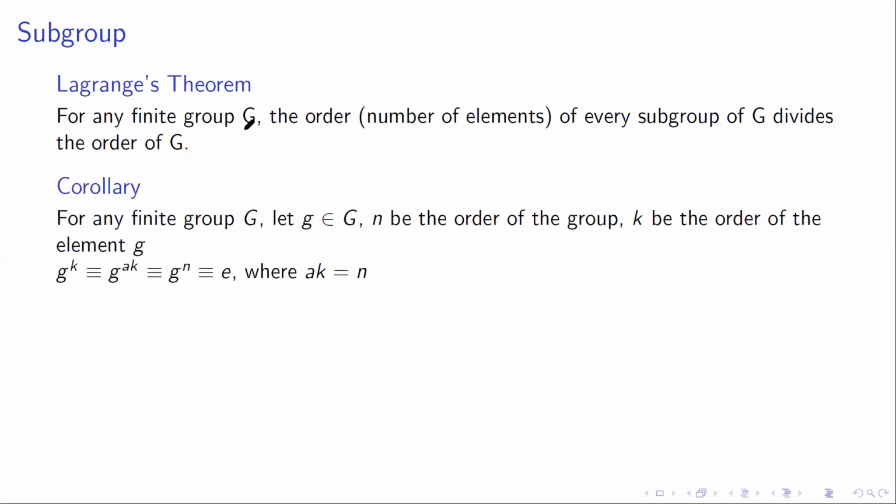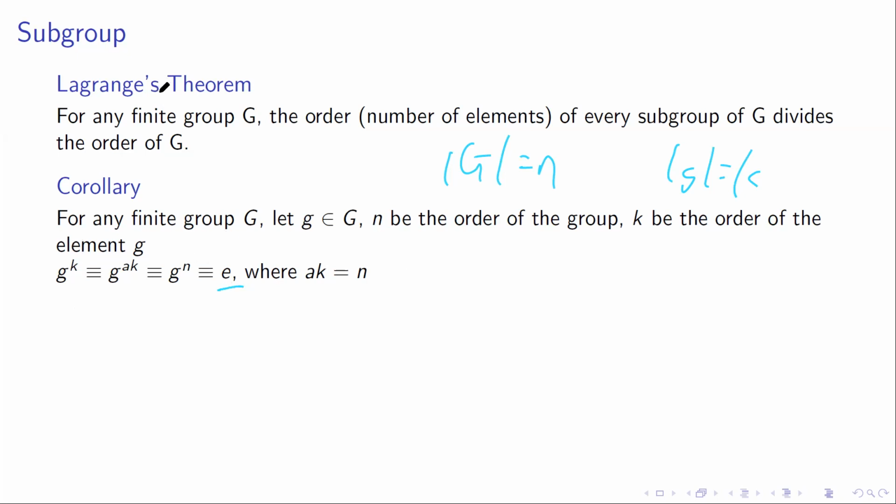So what can we get from this Lagrange theorem? For any finite group G, let n be the order of the group, and let k be the order of an element. We know that g raised to the power of k is equal to the identity element.